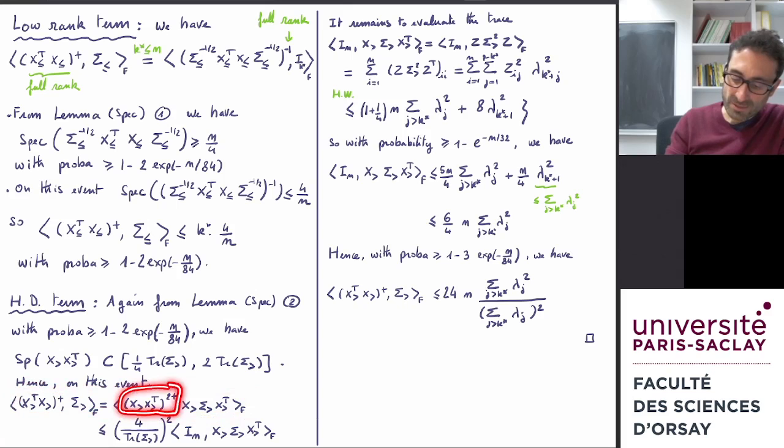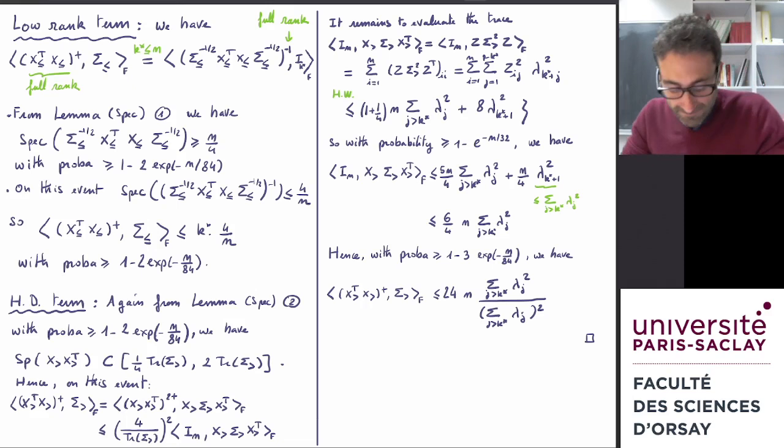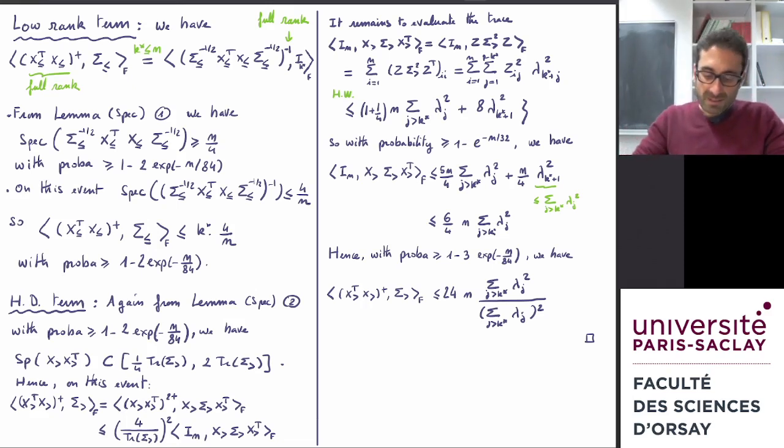And by using that this matrix is dominated by 4 over the trace squared times the identity, I end up with the fact that this scalar product is upper bounded by 4 over the trace squared times the trace of this matrix. Okay, so here I use the fact that the spectrum is always larger than this. So I have an upper bound, but still I have to understand what the trace of this matrix is.